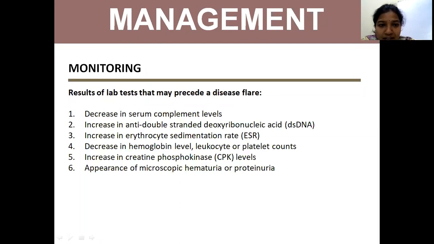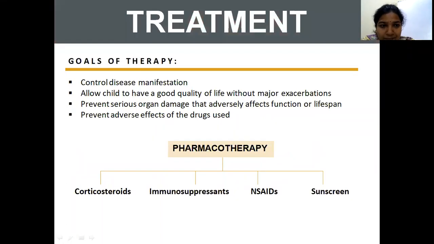So results of lab tests that may precede a disease flare: decrease in serum complement levels, increase in double-stranded DNA, increase in ESR, decrease in HB, leukocytes and platelet count, increase in CPK levels, appearance of microscopic hematuria or proteinuria.